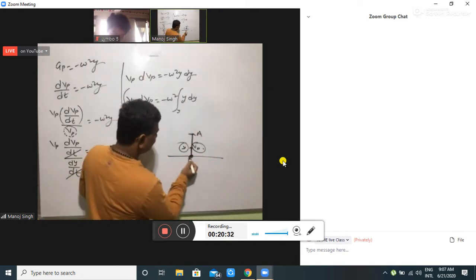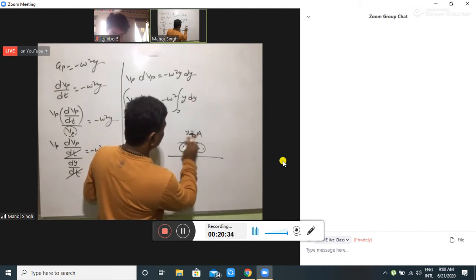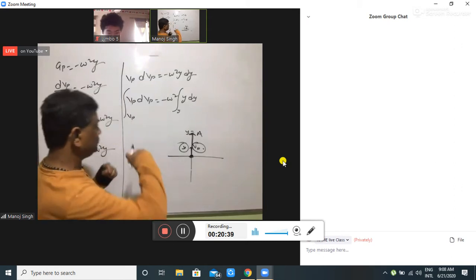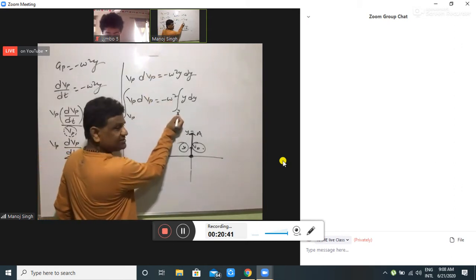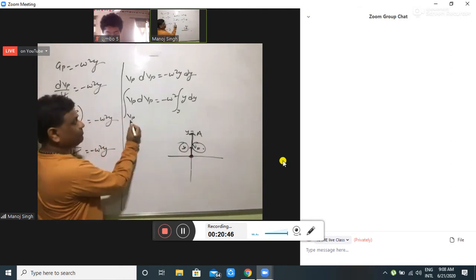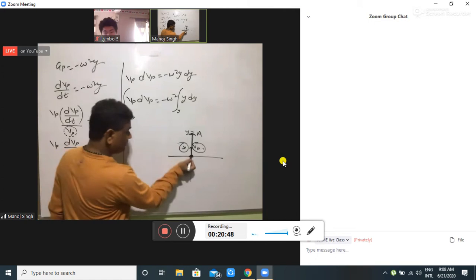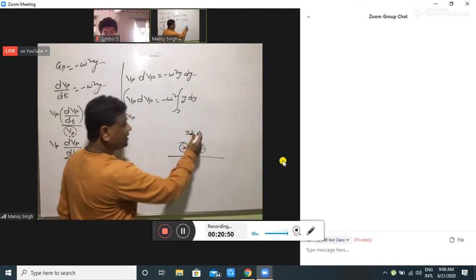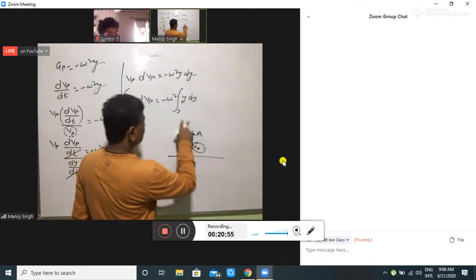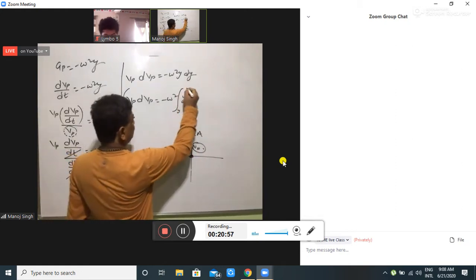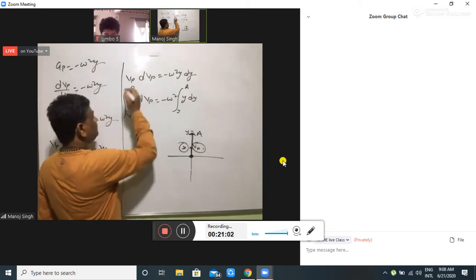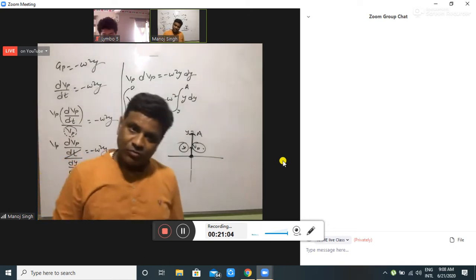So at the highest point, displacement will be equal to A, and the velocity of the particle will become equal to zero. When the displacement of the particle is y, velocity of the particle is vp. When the displacement is equal to amplitude at the extreme position, y will be equal to A, and velocity of the particle will become equal to zero.